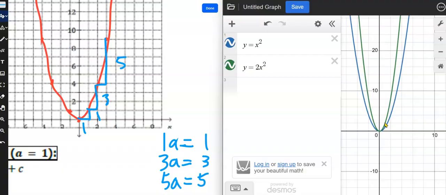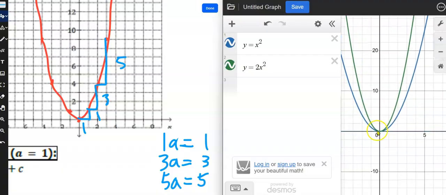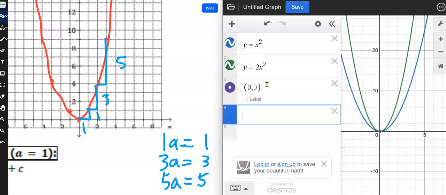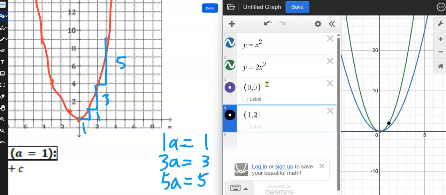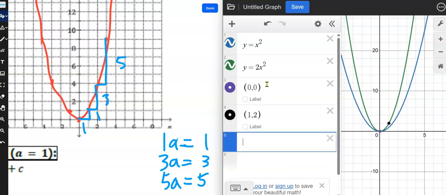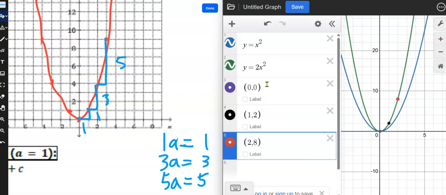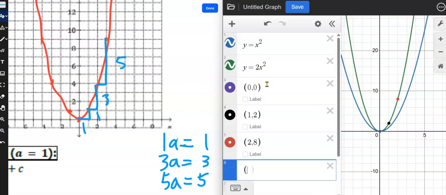It's harder to show, so maybe I should do this. It starts out at 0, 0, and then goes over 1, up 2, over 1 again, but this time up 6. 6 plus 2 would be 8. Over 1 again, this time up 10, which would be 18.